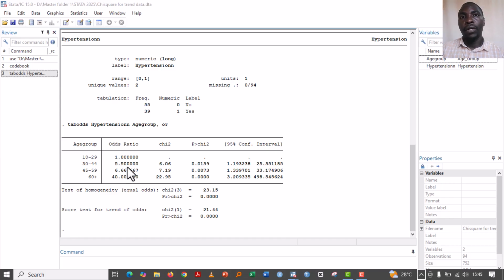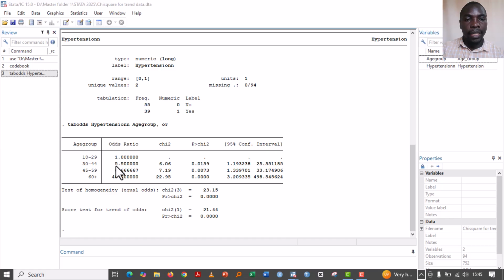When interpreting odds ratios, an odds ratio of 1 shows that there is no difference, whereas an odds ratio above 1 shows that that group has a higher likelihood of getting the outcome, in this case hypertension, compared to the reference category, here 18 to 29 years.